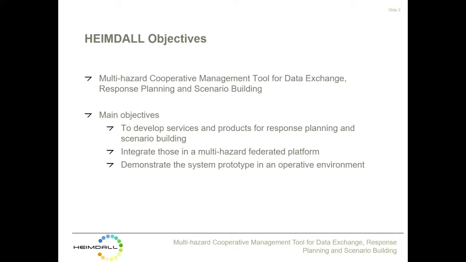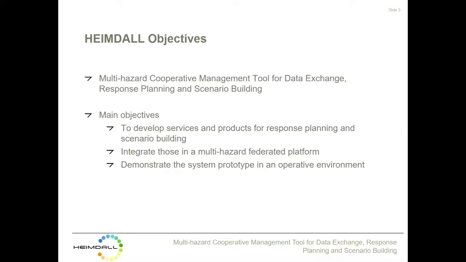As a general objective, HEIMDALL stands for a multi-hazard cooperative management tool for data exchange, response planning, and scenario building. HEIMDALL wants to develop a series of tools for response planning and scenario building for forest fire, floods, flash floods and landslides.